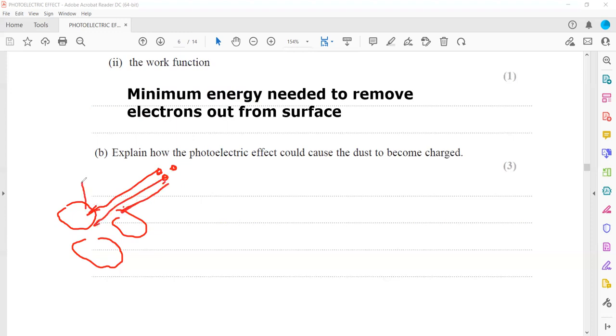The electrons present in this dust material, as the energy of the photon is more than the work function, will go out. So a photon is absorbed by the dust, and one electron absorbs one photon at a time, and the energy of the photon is more than the work function.